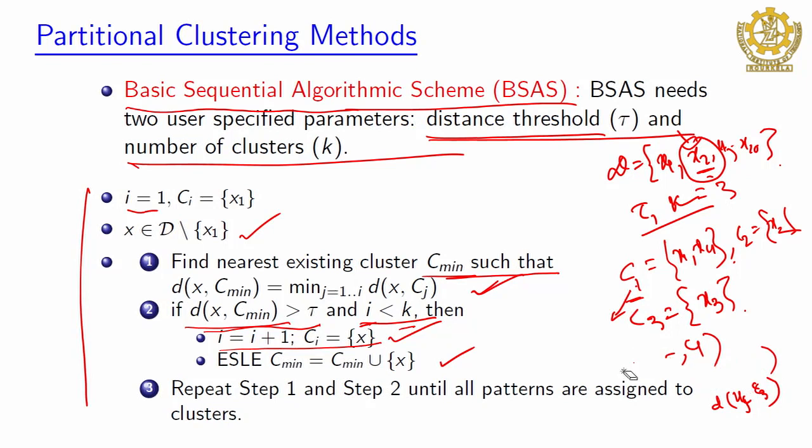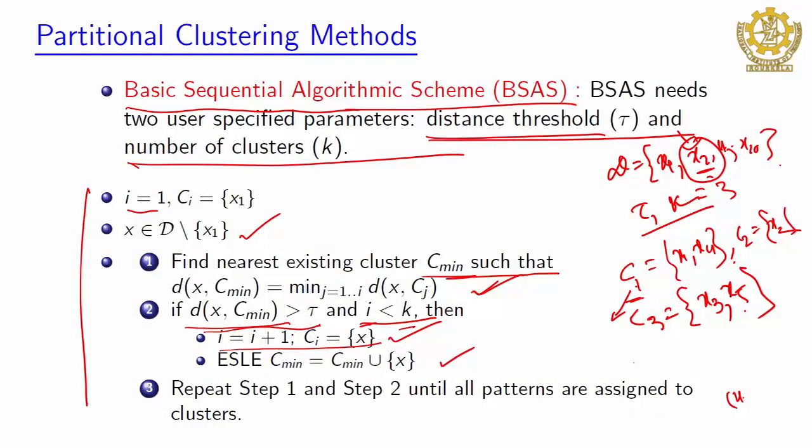Let us say x5, you assign x5 here. Again you go to x6, you compute the distance from x6 to all the clusters, and find the minimum cluster, and if that distance is greater than tau, you still assign. If it is less than tau, you assign to the closest one. So, this is the partition or basic sequential algorithmic scheme, and you keep on doing this until all points are assigned to one of the clusters.